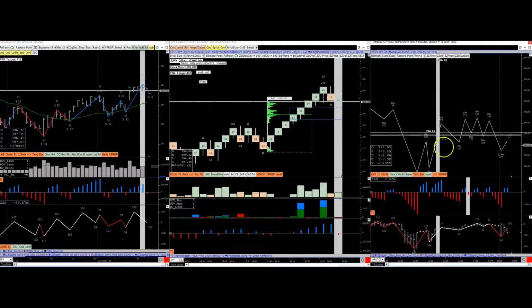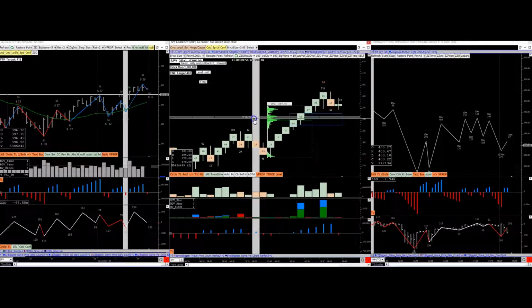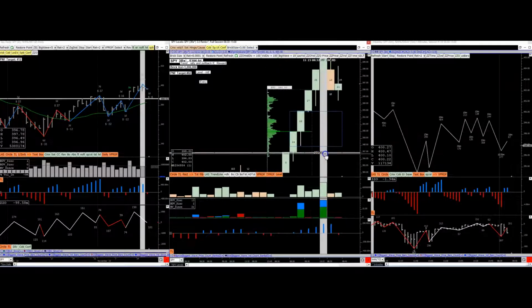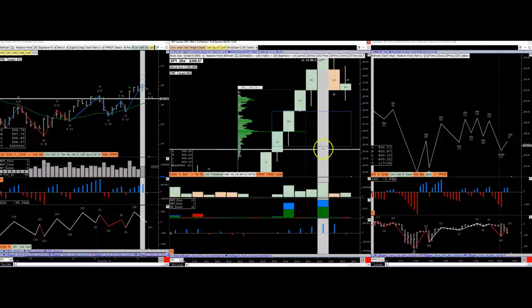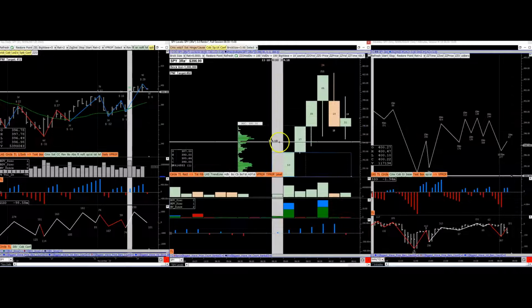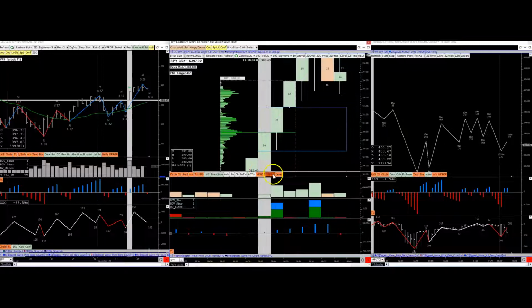It'll do fine. All right, so again, this is the 390s, the POC. Do I believe it's going to go there? It might with a spring, but I think that the first place to look is around here.